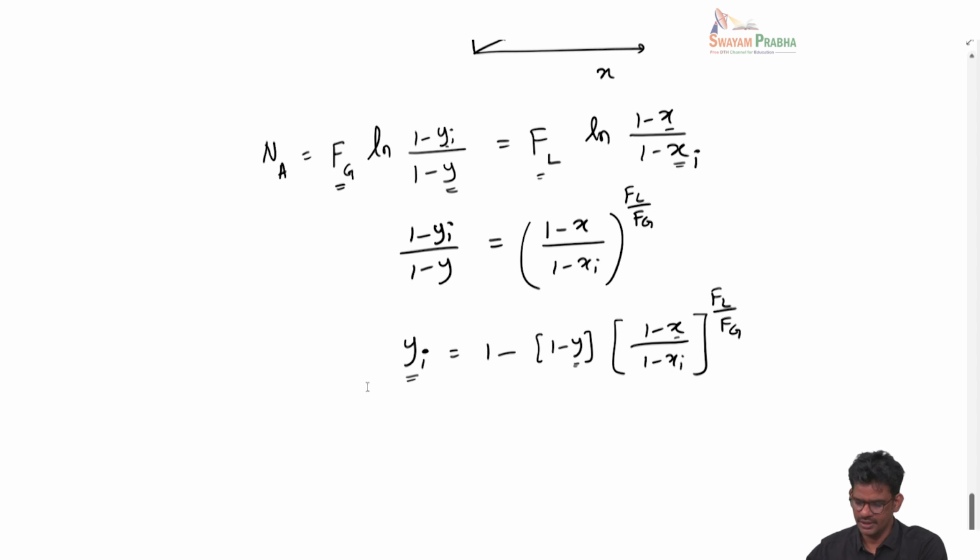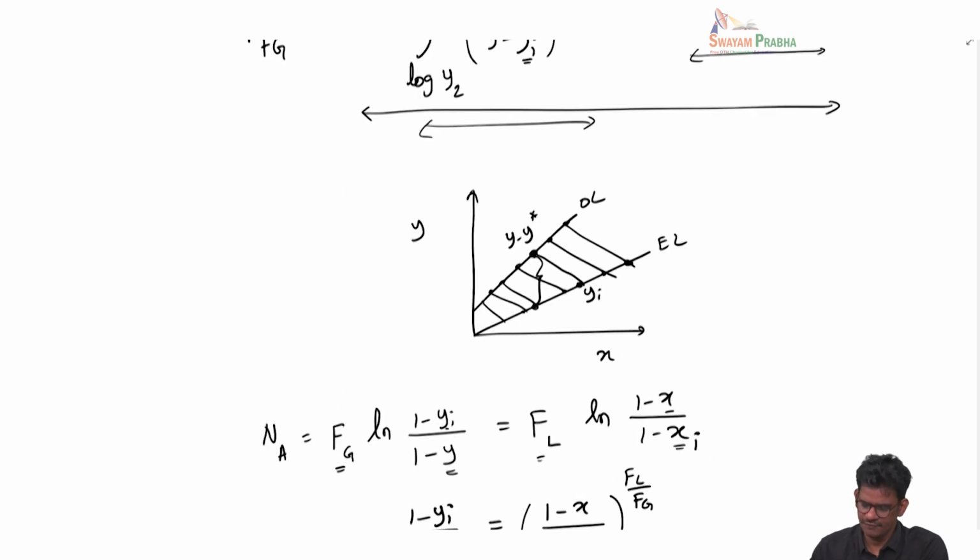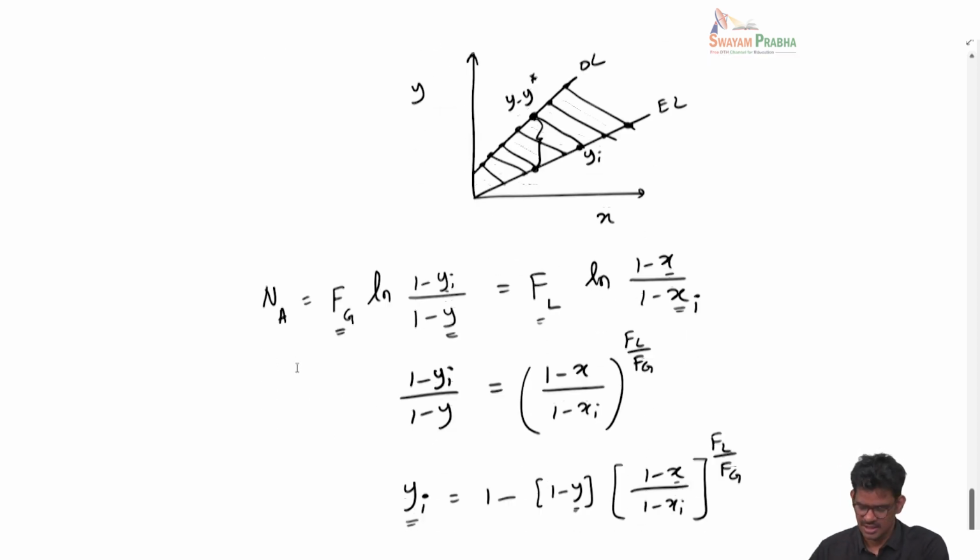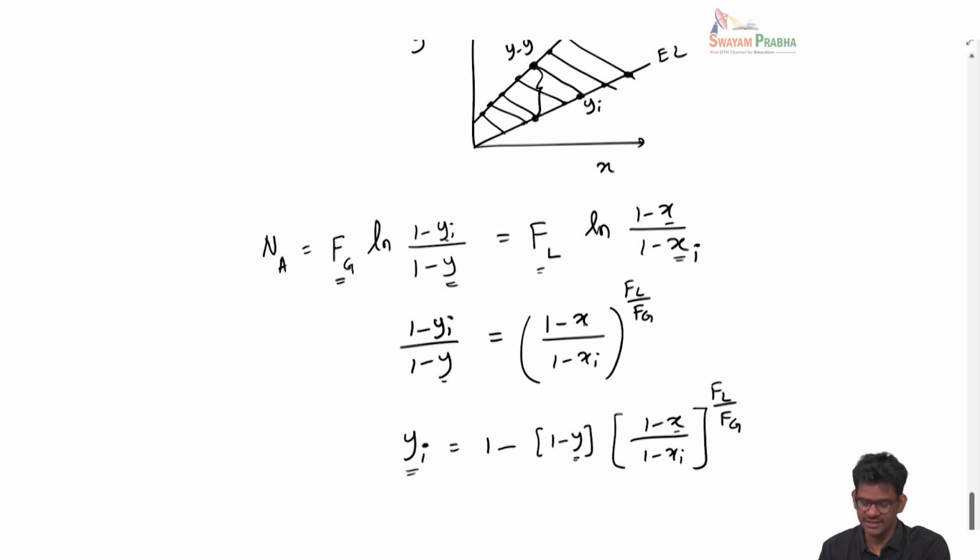What I am going to do is choose different xy combinations along the operating line, and I substitute that for x and y here, and that is going to give me a relationship between yi and xi. So that is the equation of this driving force line, and I am going to calculate those lines for many such xy values along the operating line.